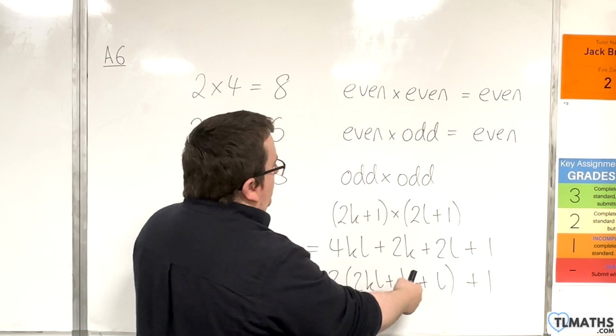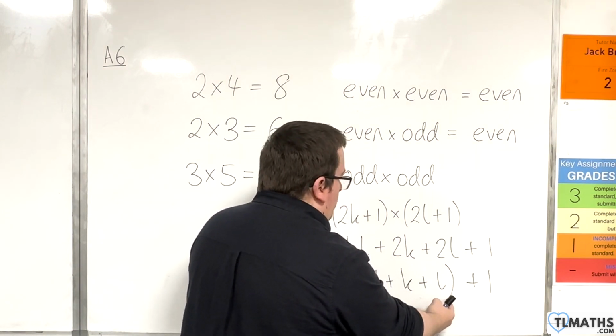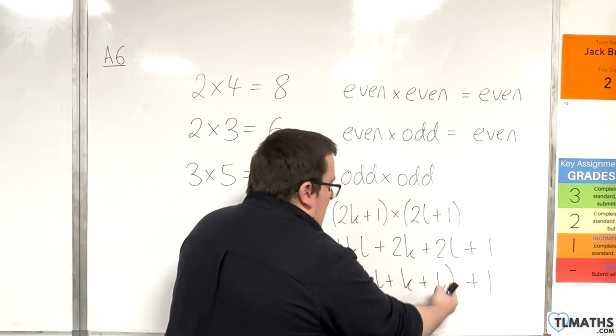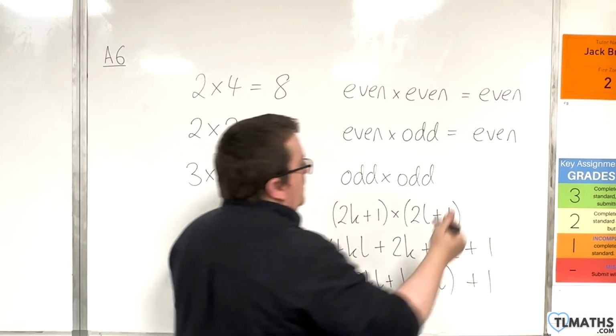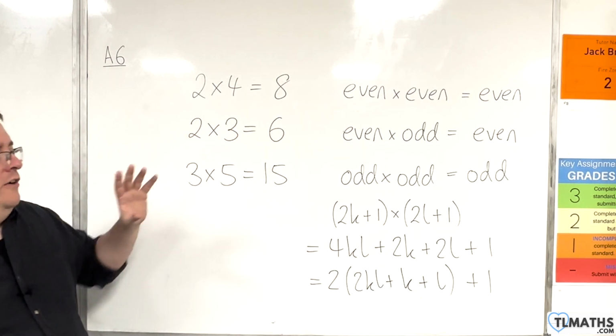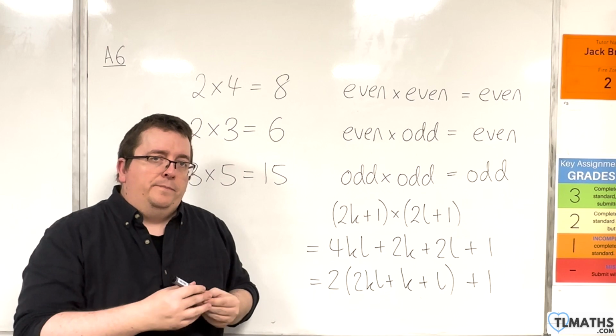And what does this now look like? It looks like 2 lots of some integer, plus 1. So this is 1 more than an even number. So that means it has to be odd. So we have now proved that an odd times an odd has to be an odd number.